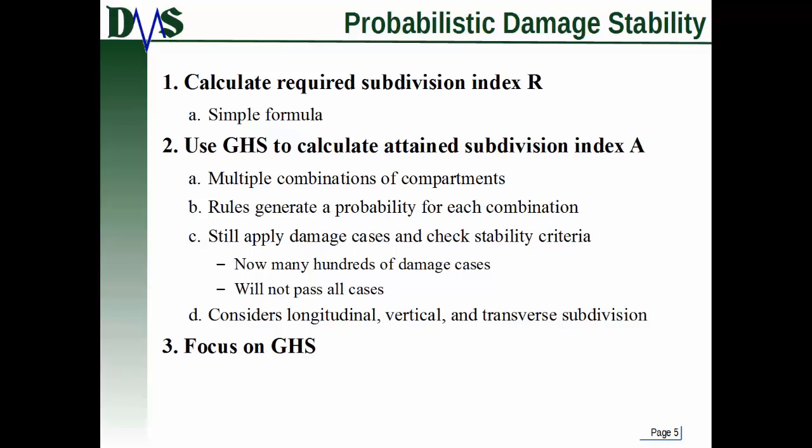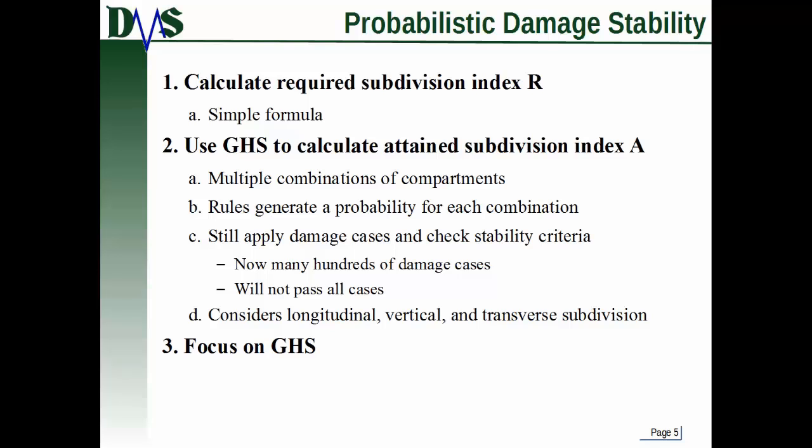The rules don't tell you which combinations to look at. They allow you to look at all of them, and what you do is you look at whether or not your vessel survives that damage condition or not, but there's a certain probability associated with each one of those combinations. So the really absurd ones, that end up damaging like 5 compartments all at once, they have a very, very low probability.